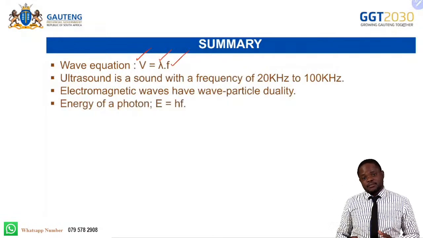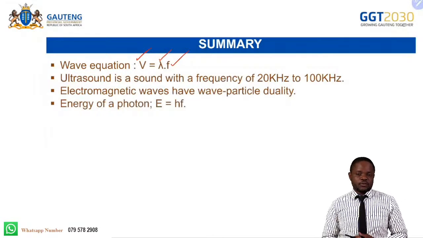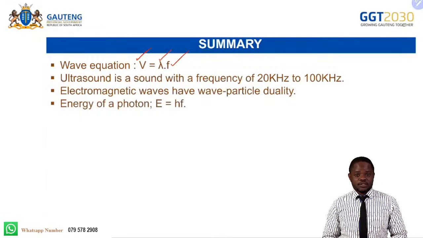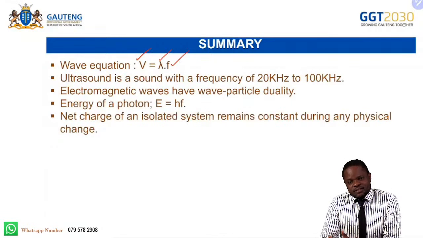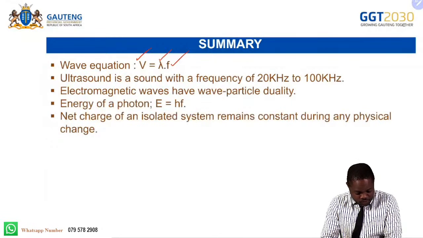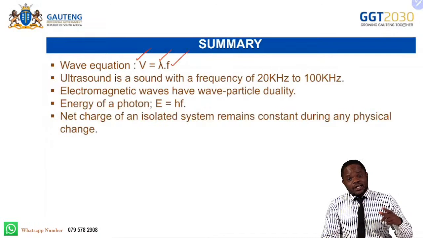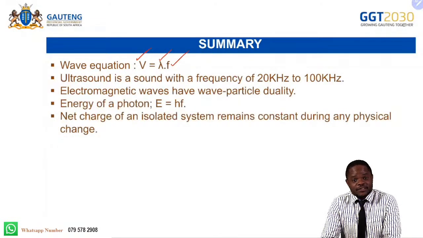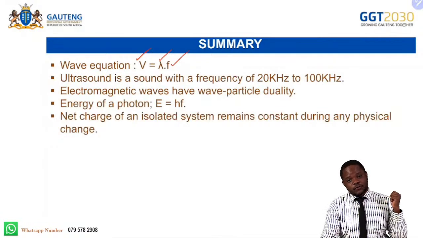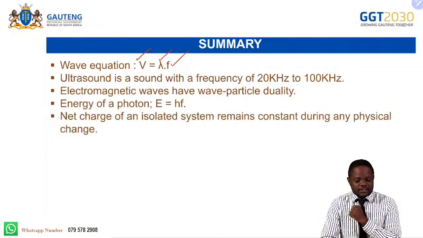These are amongst the major things that we learned about. Otherwise, we learned so many things in today's lesson, and it's unfortunate that our time is gone. We also looked at the net charge of an isolated system. We said it remains constant during any physical change. Remember the principle of conservation of charge.